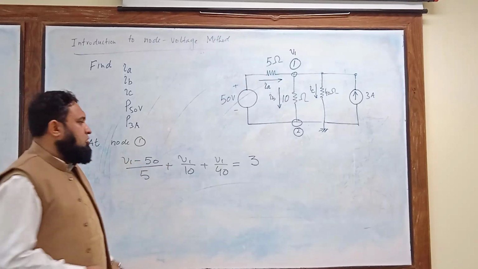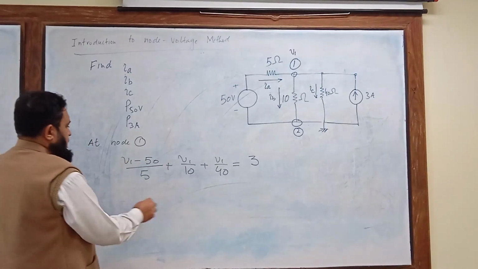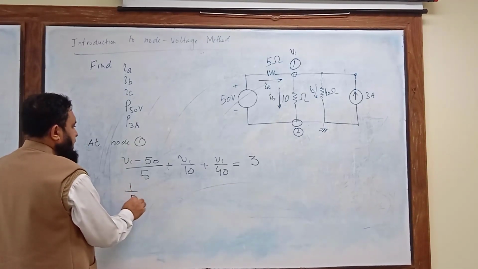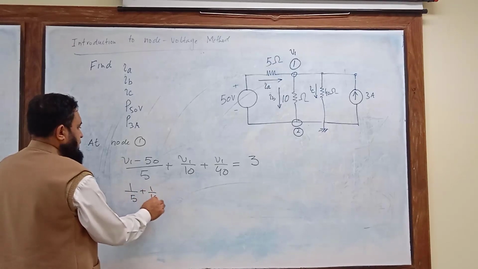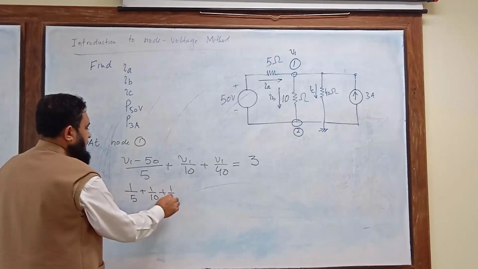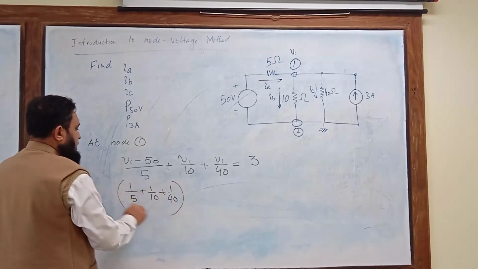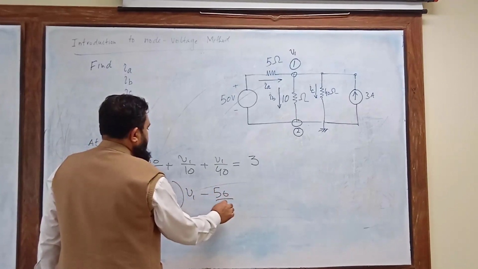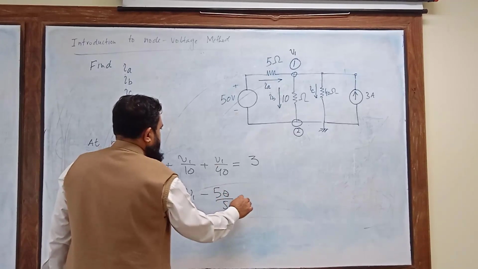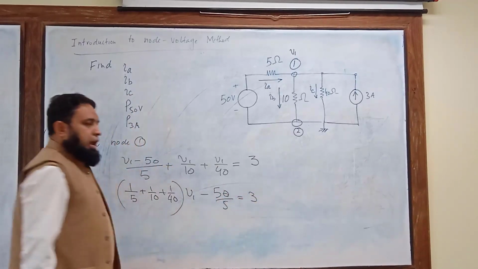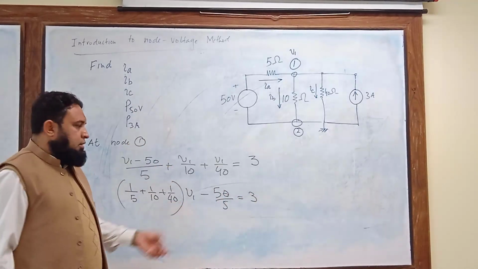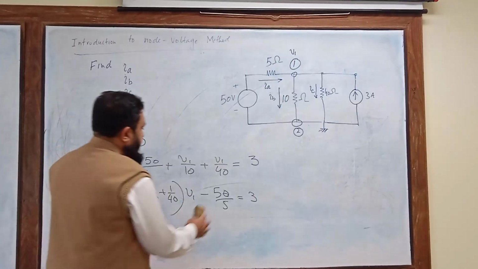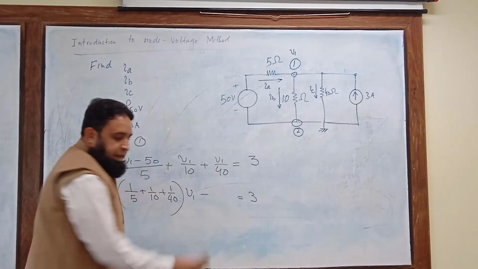So the equation can be solved. Rewriting this as 1 over 5, plus 1 over 10, plus 1 over 40, into V1, minus 50 divided by 5, is equal to 3. And 50 divided by 5 is 10, so we can write 10 here.